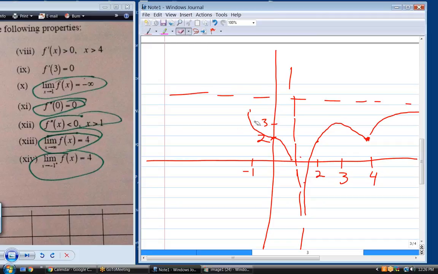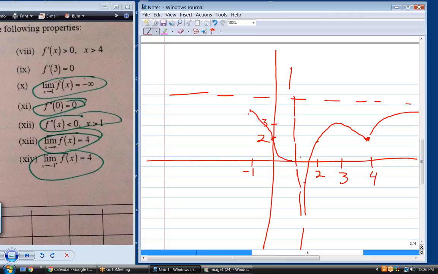Let's see. Let's change the concavity. In other words, I didn't know if that was concave up and that was concave down or the reverse. Let's reverse it, and I think it looks a little better. Make that concave down. Make that concave up.